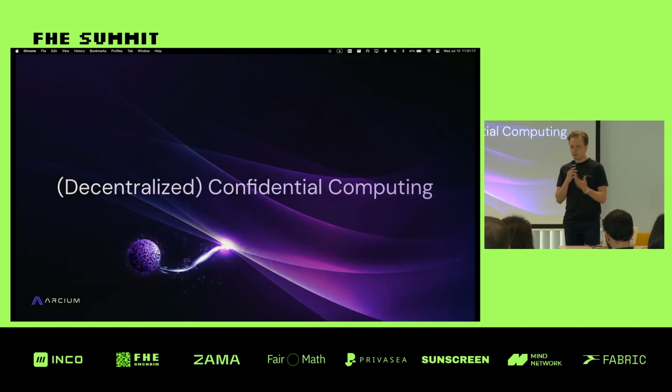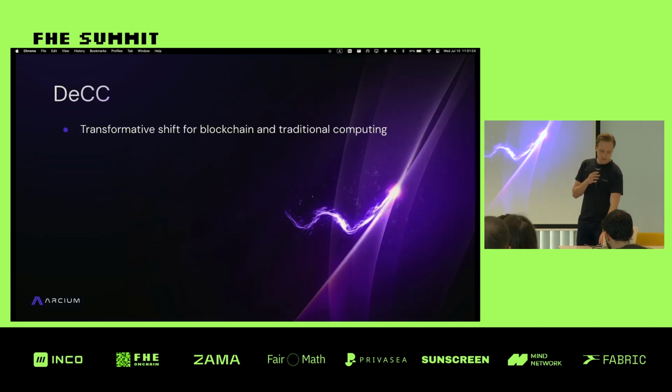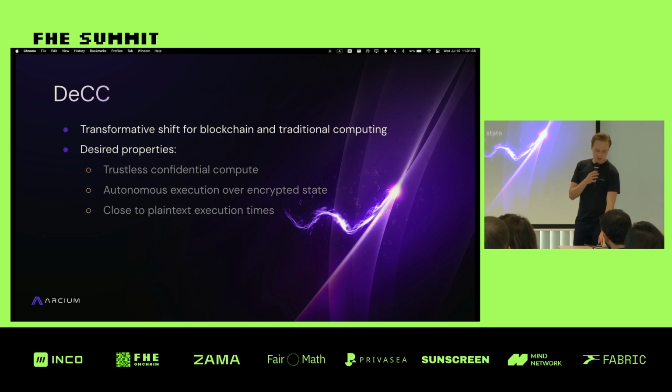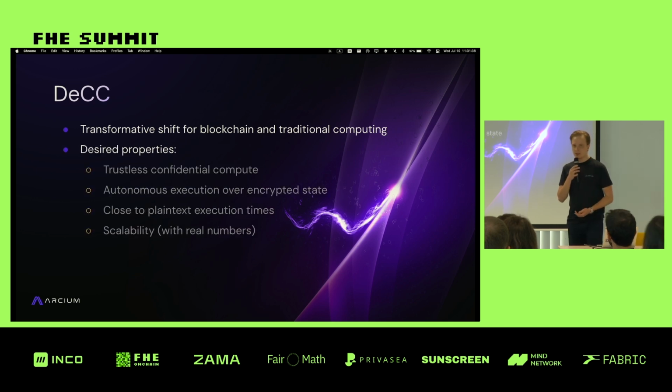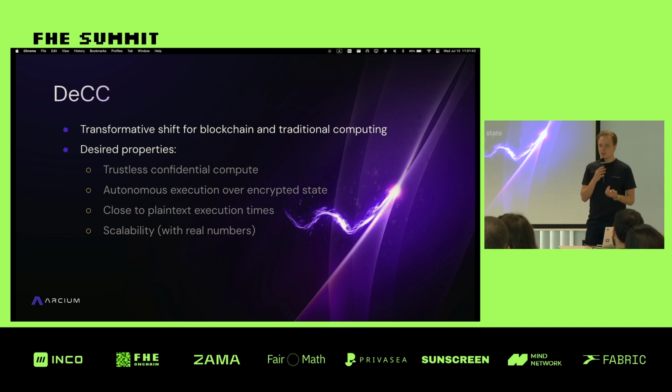So let's start off with confidential computing in general, decentralized confidential computing. Our goal is to bring a transformative shift with whatever technology possible, both to the blockchain but also to the traditional computing space. And there's essentially a few desired properties that we want for decentralized confidential computing, and that's trustlessness, because prior confidential computing techniques required trust, and there's also autonomous execution.